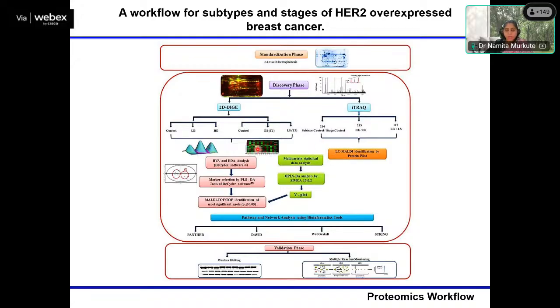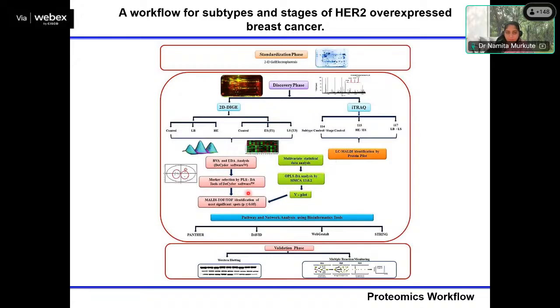So after identifying the proteins with these two techniques, I have further done the statistical analysis of those proteins to identify the highly significant proteins present in my sample, which are having very high fold, more than two-fold expression.